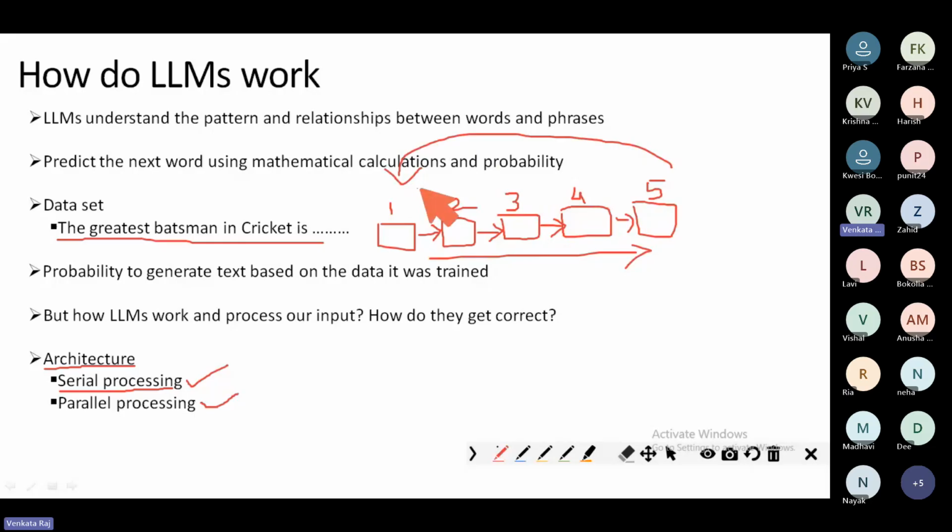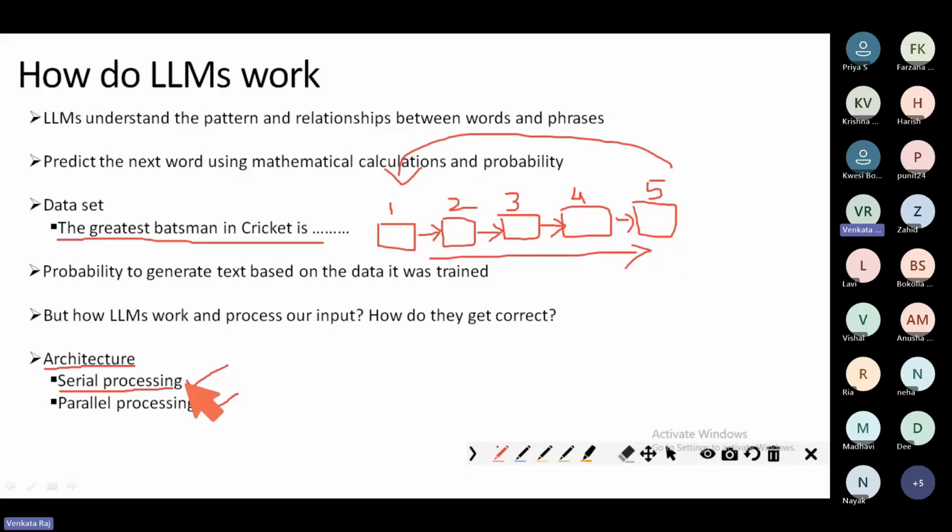As a result, pattern detection becomes challenging, because if I'm reading and reading but forgetting the previous items, I might not detect or analyze the complete pattern properly. So that was the demerit of serial processing.